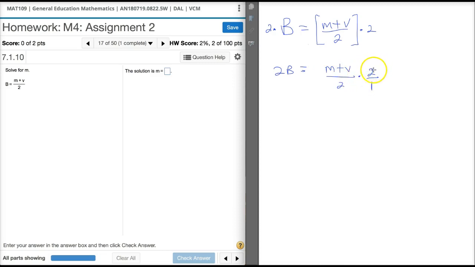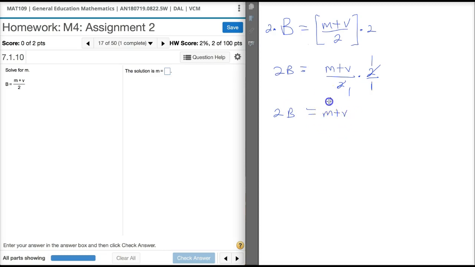Okay? And here we know that 2 divided by 2 reduces to 1. And 1 times anything is just that anything. So we have effectively rid ourselves of the fraction.